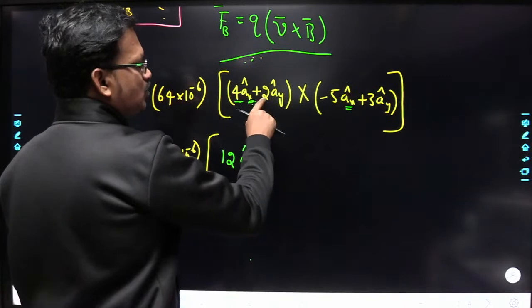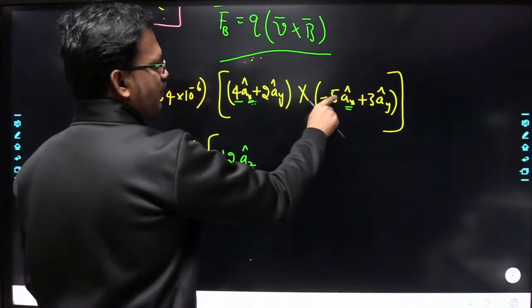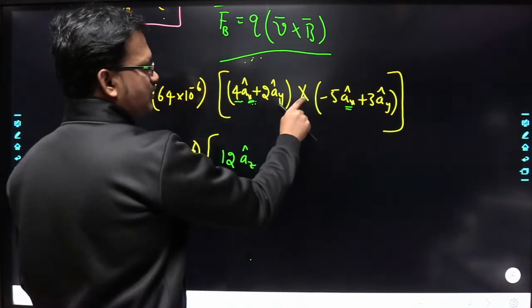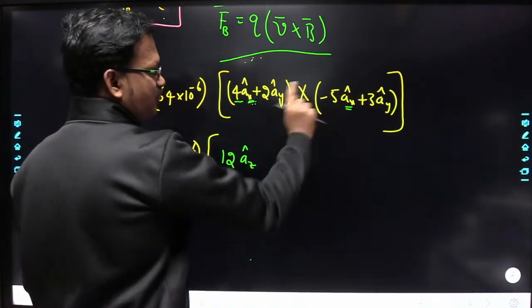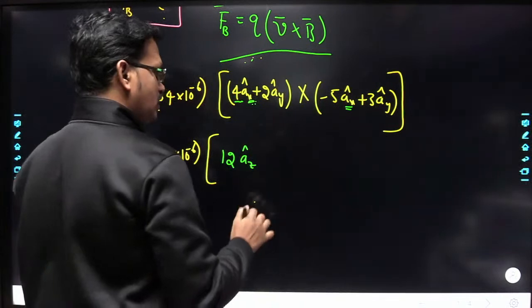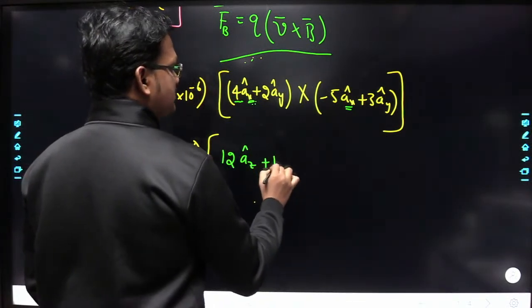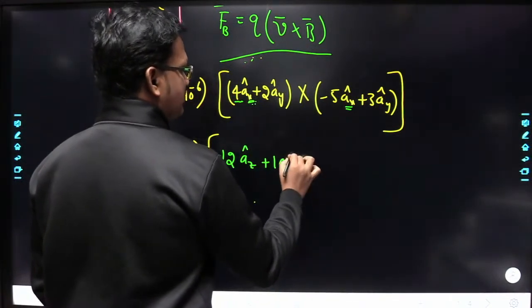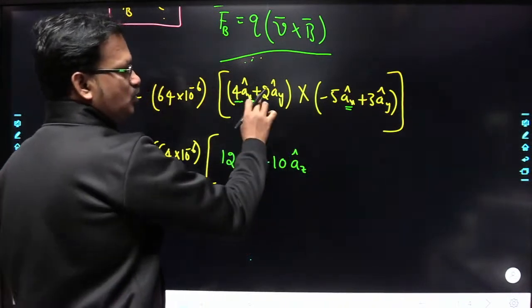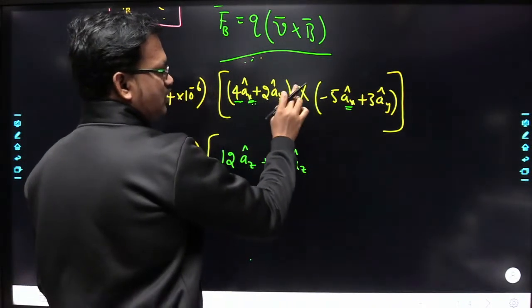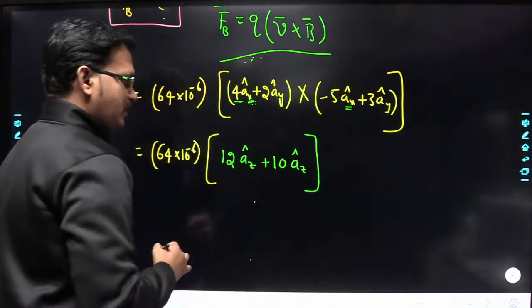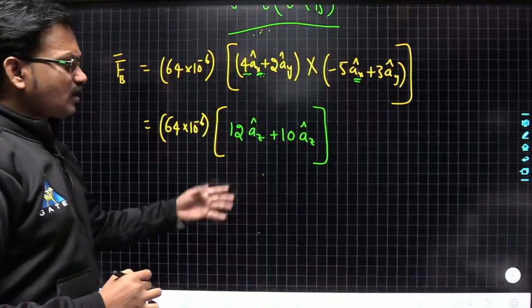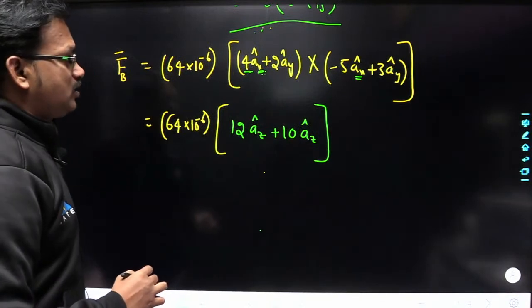Next, 2 AY cap cross minus 5 AX cap. AY cap cross AX cap is minus AZ cap, and minus of minus becomes plus, so you get plus 10 AZ cap. Next, 2 AY cap cross AY cap becomes 0.